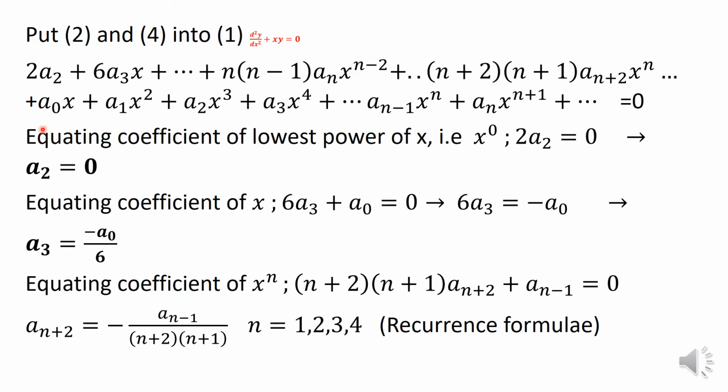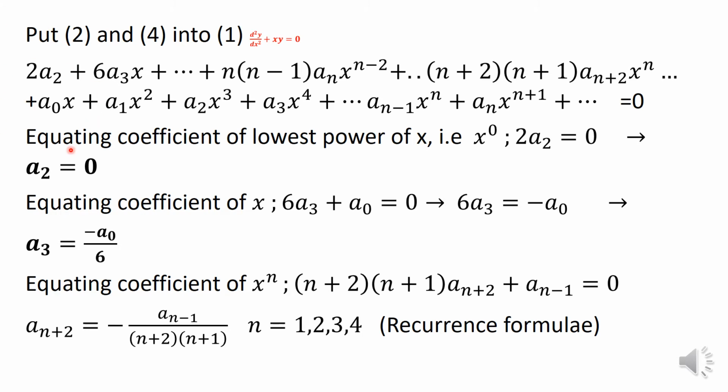Now in this question, we will try to equate the lowest power of x. Any type of question can be there. If this is a series solution at an ordinary point, then the same method will be used in every type of question.